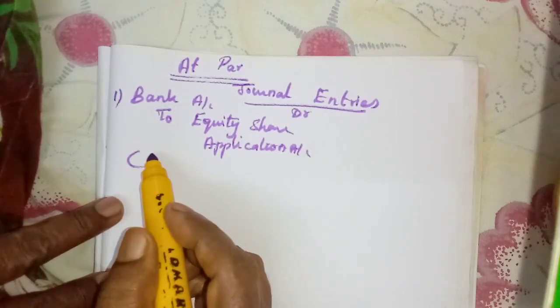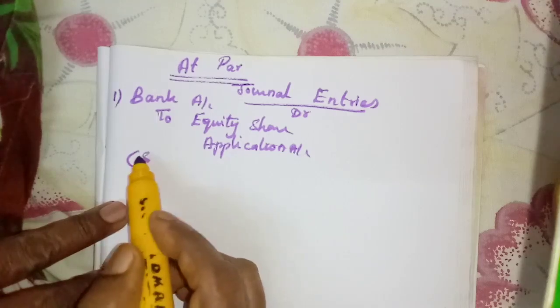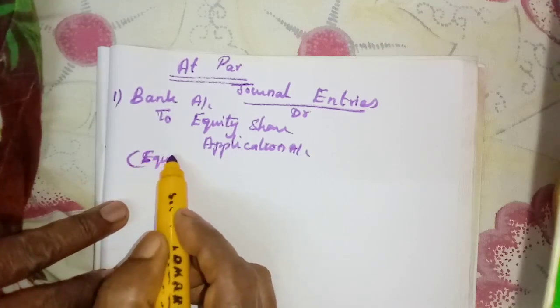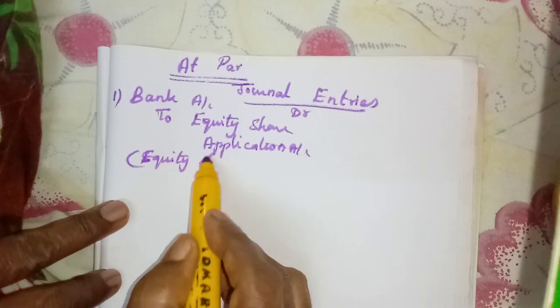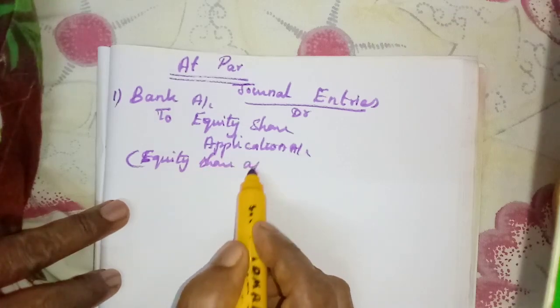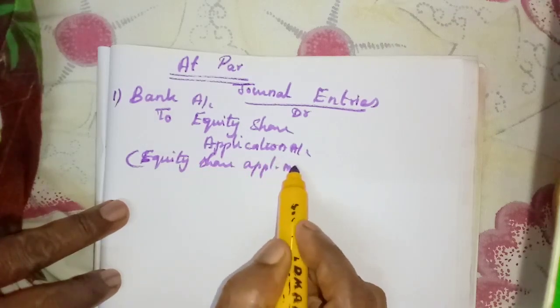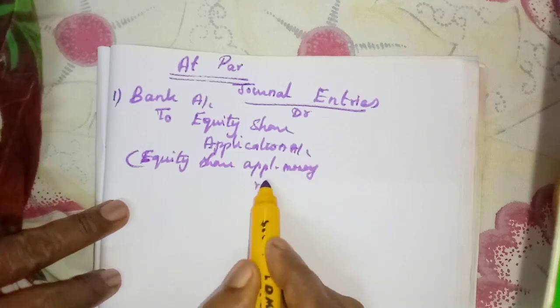Being equity share application money received, or you can write simply equity share application money received.